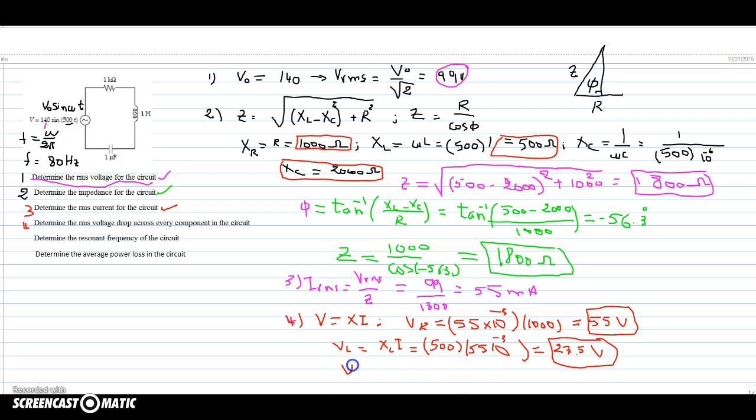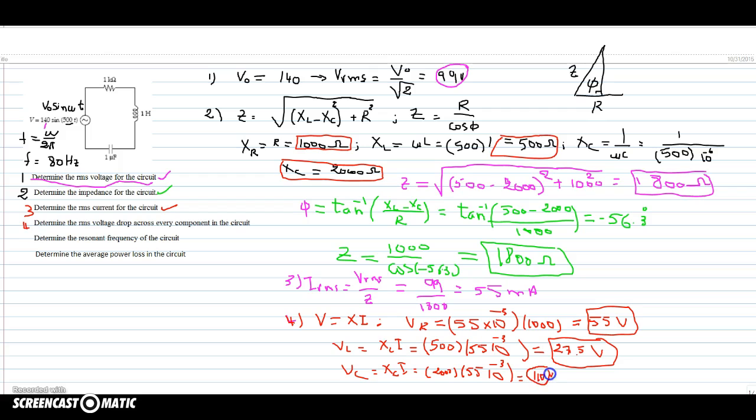The last one is VC, which is also XC times the current, which is XC, we said, 2000, times the current 55. Alright, and so this is equal to 110 volts.